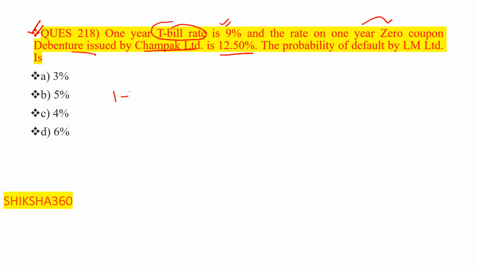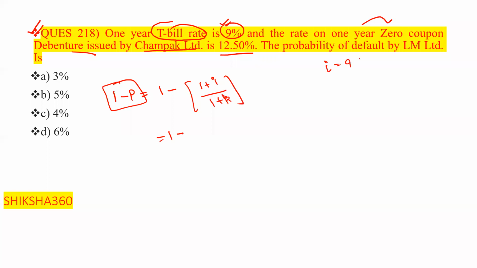So the probability of default is 1 minus (1 plus i) upon (1 plus k). Here i is 9% and the rate on the 1 year debenture is 12.50%.